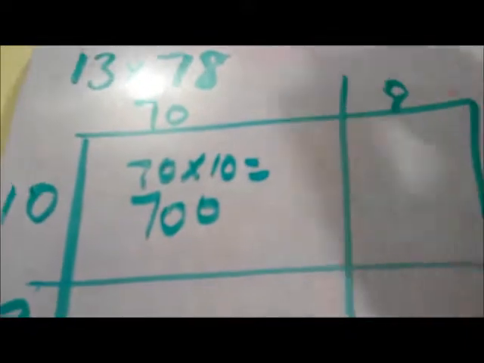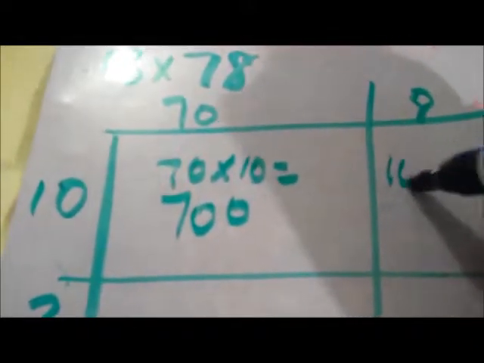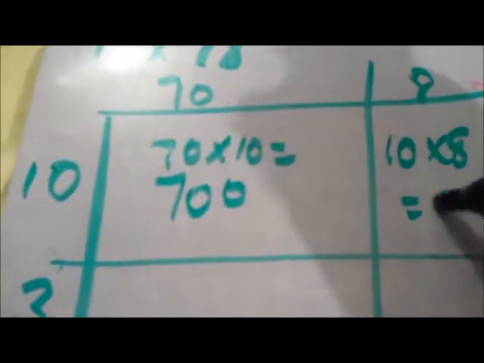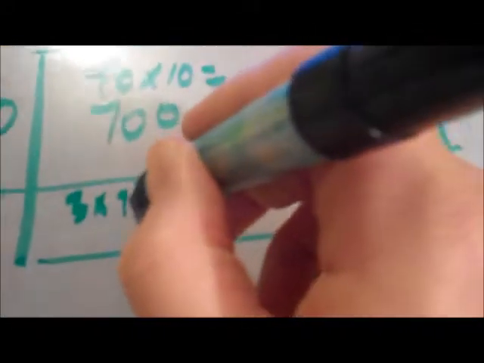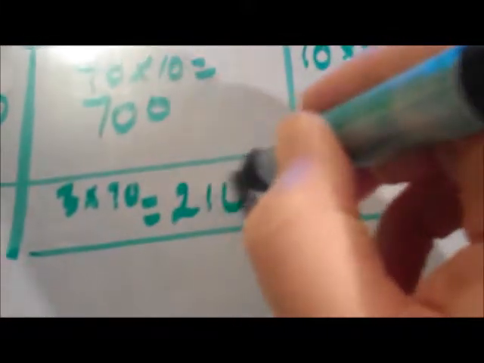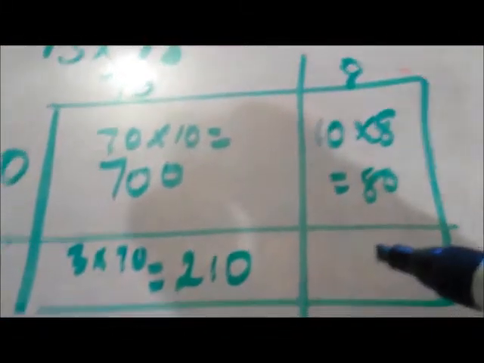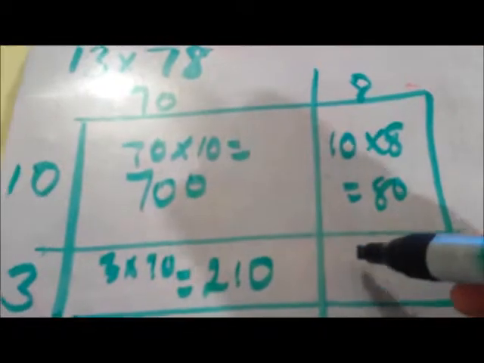Well, 70 times 10 is 700. And 10 times 8 is 80. And here I've got 3 lots of 70, which we know is 210. And in this last one I've got 3 lots of 8, which is 24.